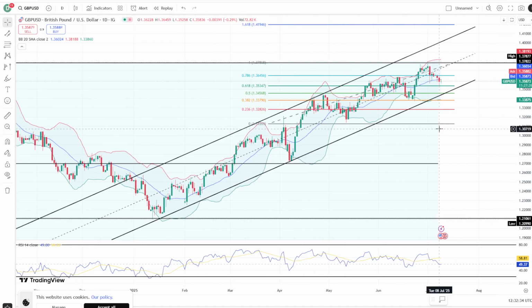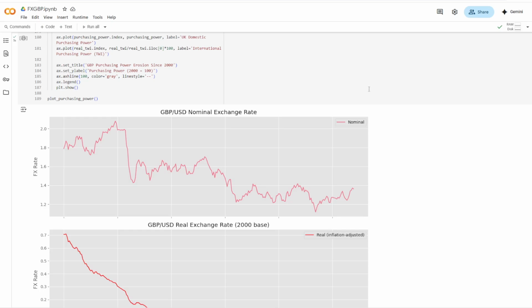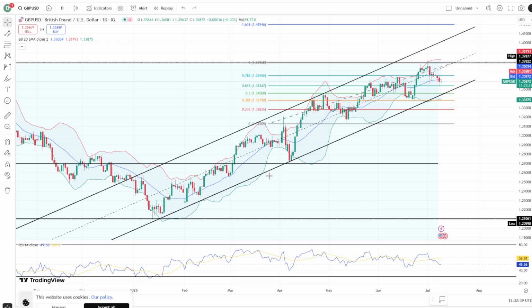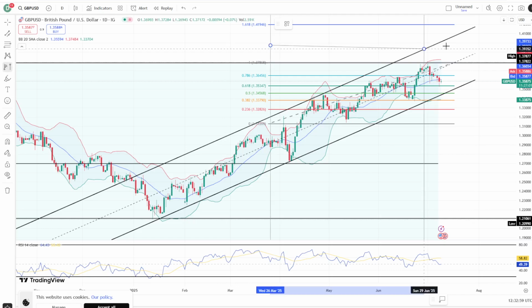But the content today is to show you my work behind the scenes on a larger, on a different scale, which is not related to the classic, the ordinary trading chart that you can make nicer.